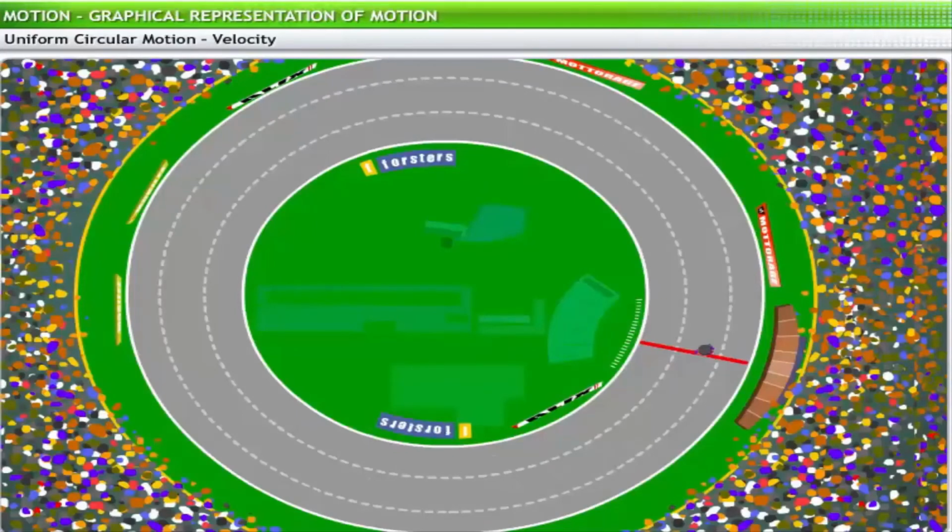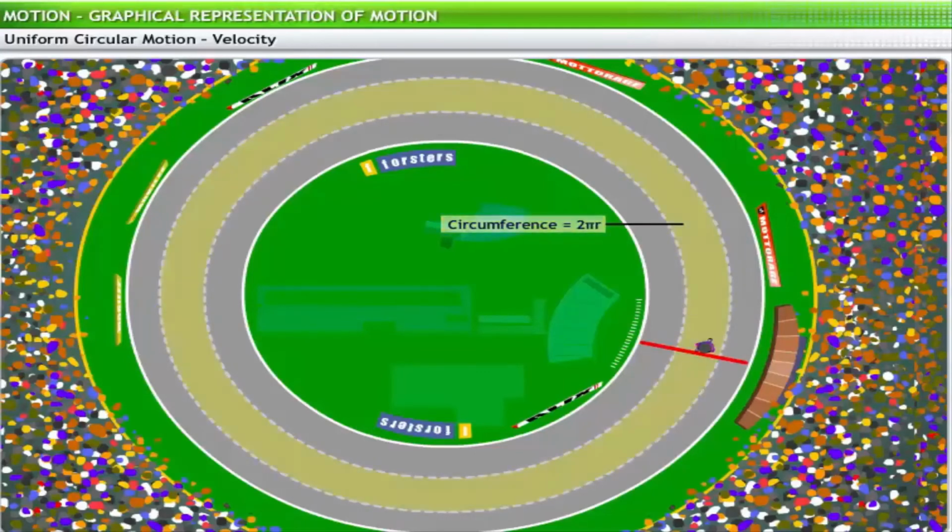How would you calculate the velocity or the distance covered during uniform circular motion? Let's analyze the example of an athlete who is running along a circular track. The distance covered by the athlete at the end of one lap is equal to the circumference of the track. s is equal to 2 pi r. The speed of an object is the ratio of distance to time.